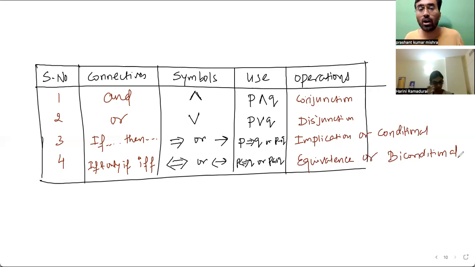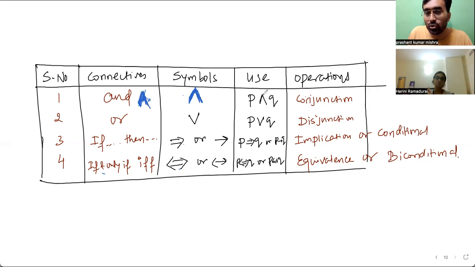Now see how you can keep the symbols in mind. The symbol for and is like the letter A. Or is just the opposite of it. And if-then has this symbol, and if and only if has arrows on both sides.